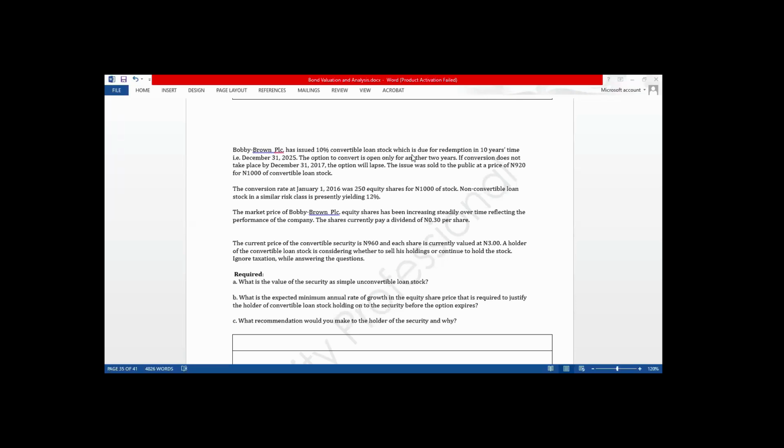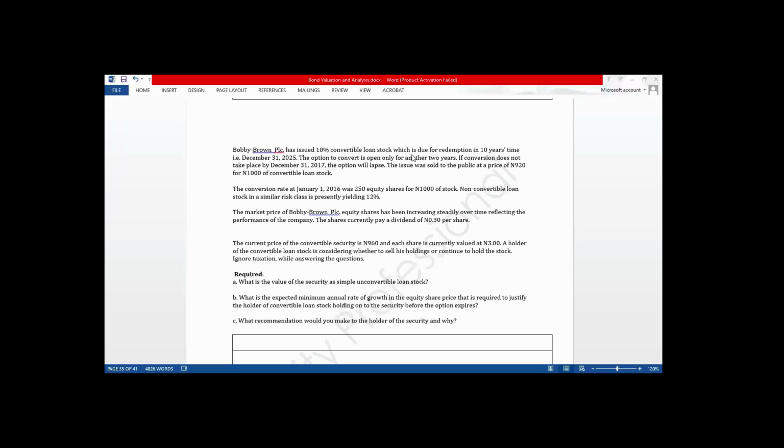Or convertible bond. So you ask yourself, what is the type of the bond I'm required to value?